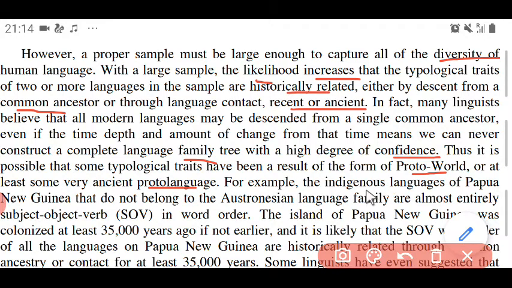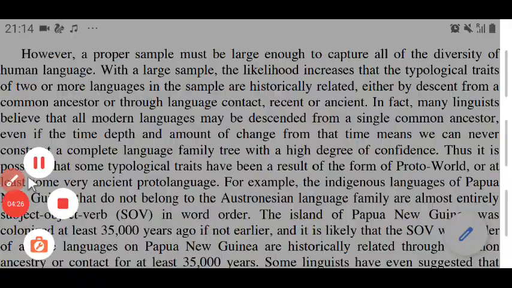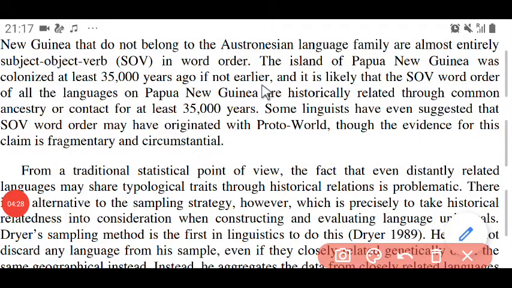For example, the indigenous languages of Papua New Guinea that do not belong to the Austronesian language family are almost entirely subject object verb in word order.